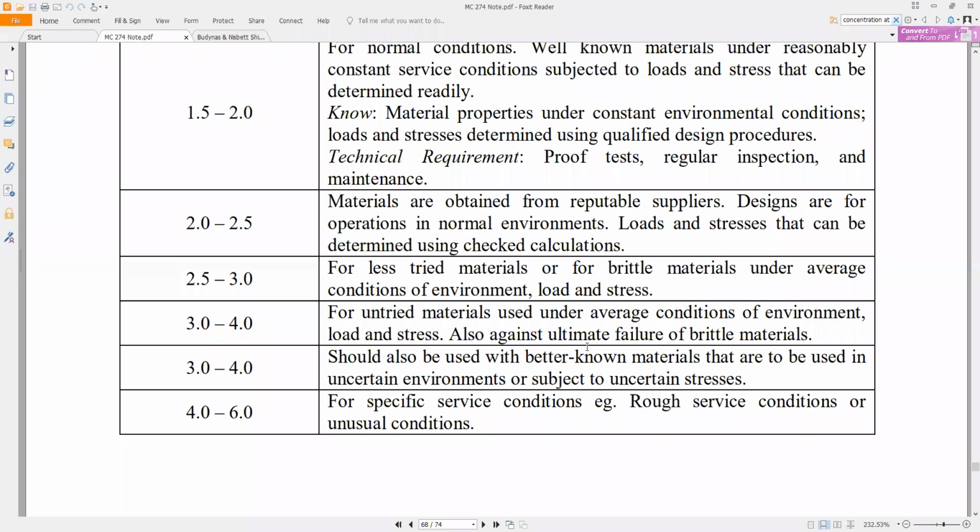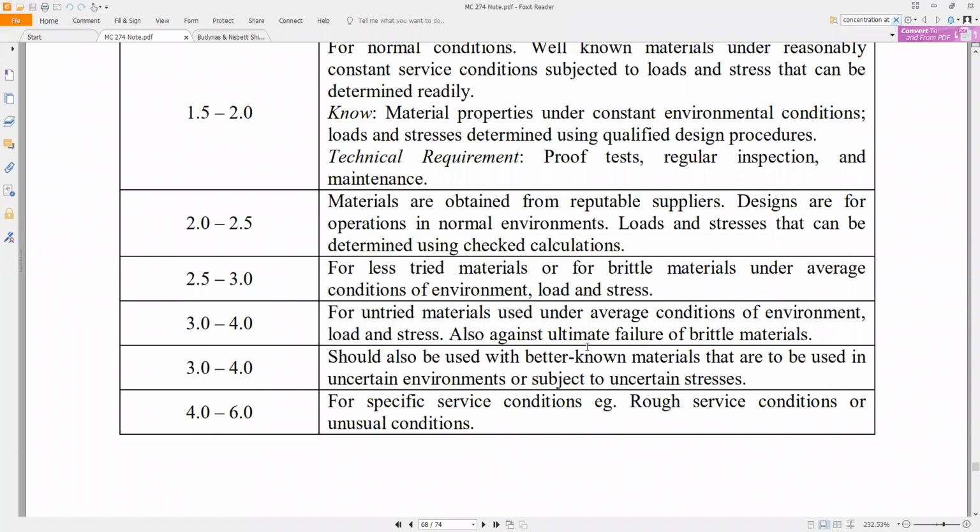materials are obtained from reputable suppliers. Designs are for operations in normal environments. Loads and stresses that can be determined using checked calculations. In such cases, from 2.0 to 2.5 is acceptable.